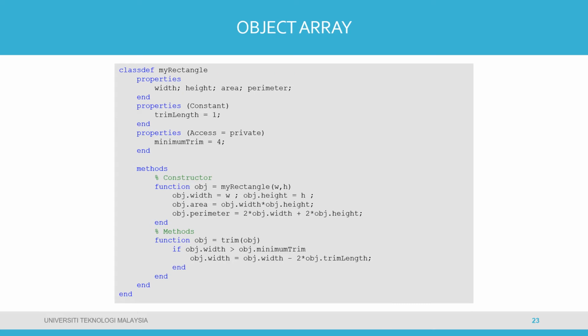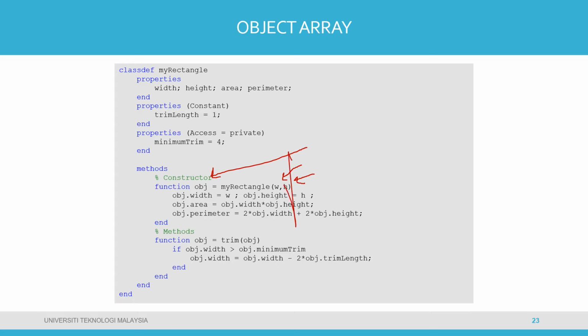So now for the next part, you make a constructor. Remember that the question asks you to create a constructor, user defined, which has width and height. So of course you have to create a constructor.